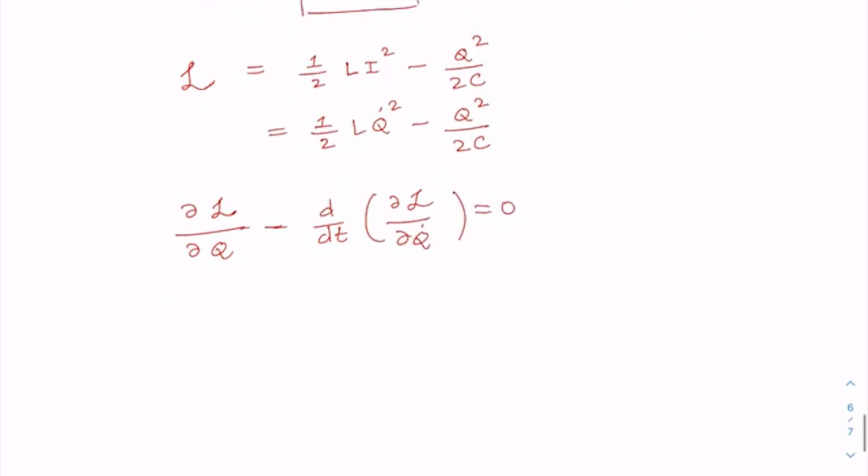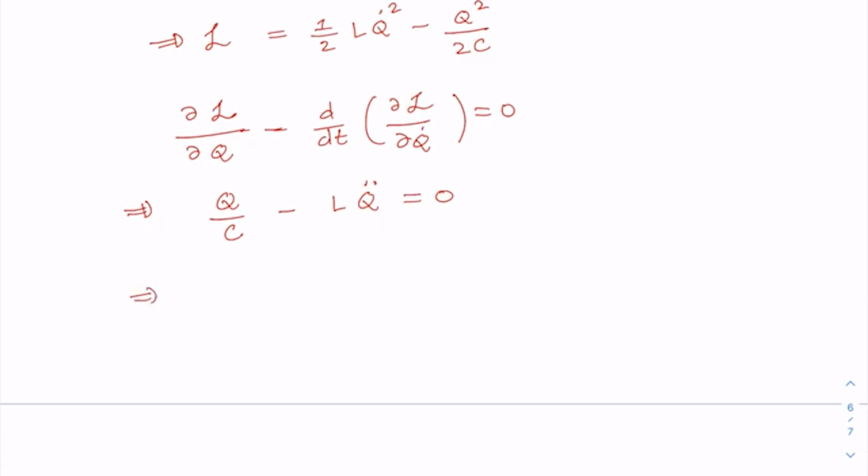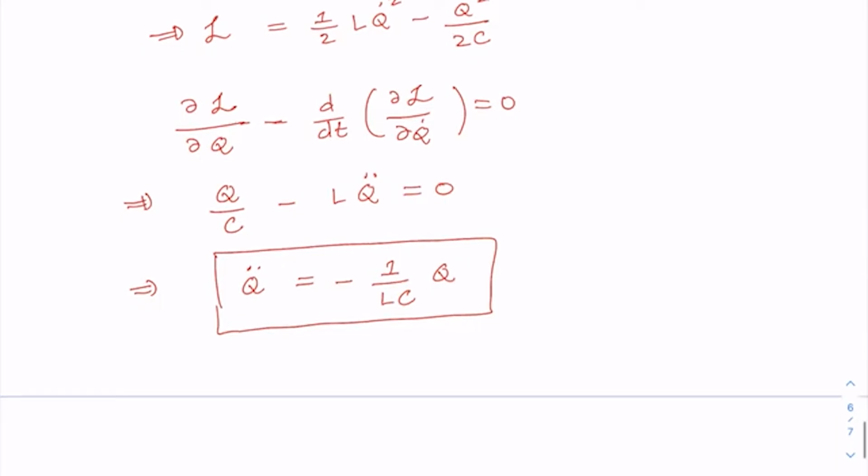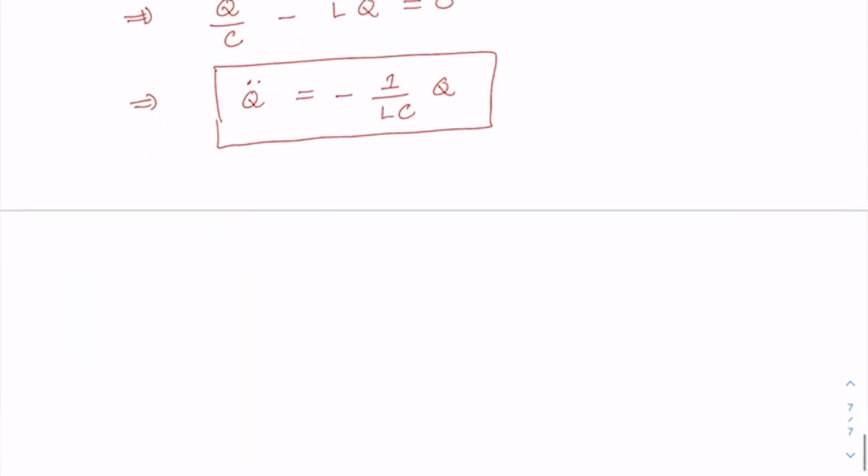If you put this Lagrangian in this equation, the first term gives you simply Q by C minus, and the second term gives you L Q double dot, equal to 0. So quite clearly you will get Q double dot equal to minus 1 by LC times Q, and this is indeed the equation of motion. So the Lagrangian that we have written is absolutely correct.